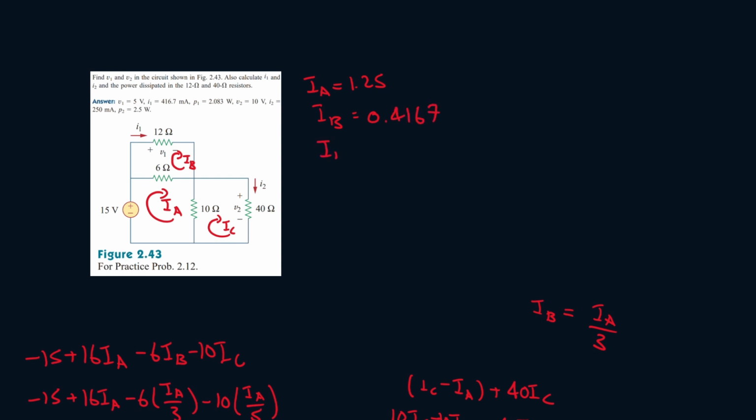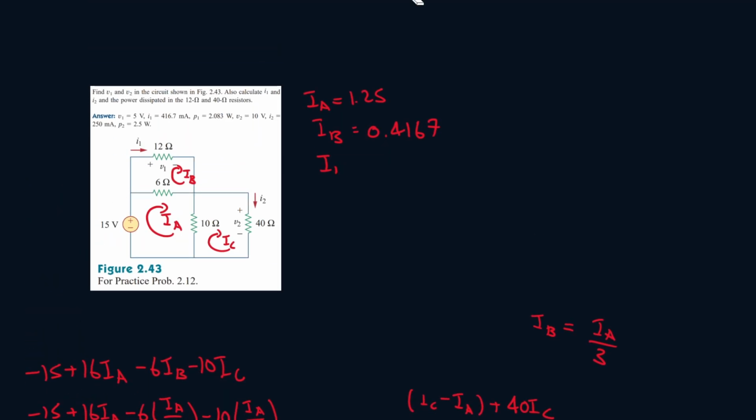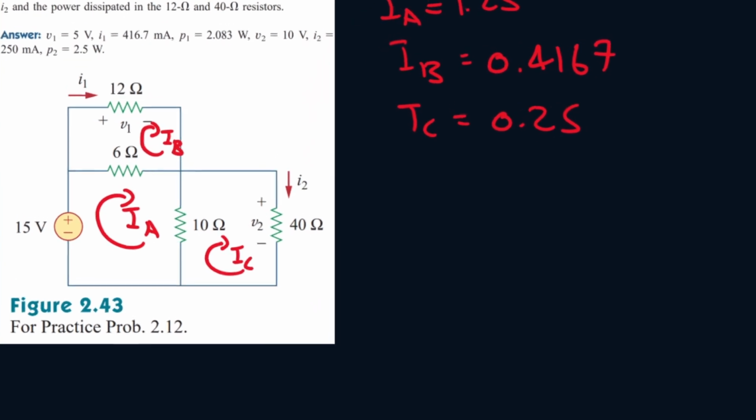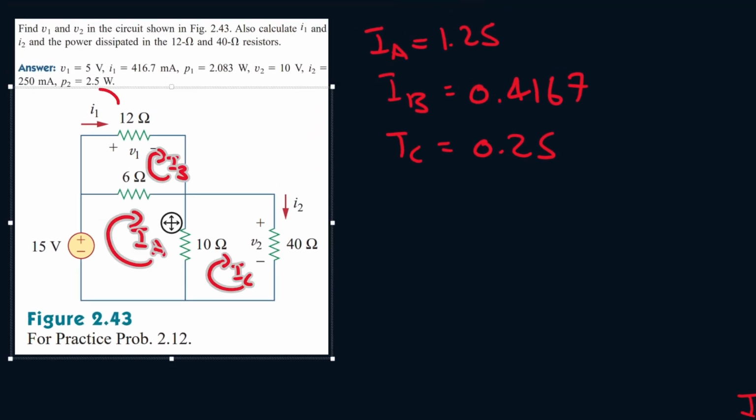And IC, that'll be IA over 5. It'll be 1.25 over 5, which is 0.25. Okay? And now we can find I1 and I2. I1 is moving in IB's direction, so this is what I1 will be equal to. And I2 is moving in IC's direction, so this is what I2 will be equal to.